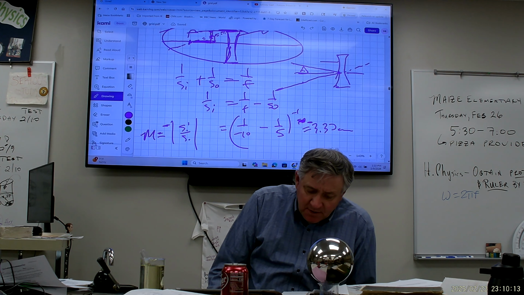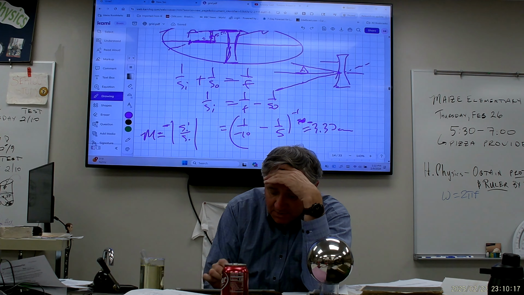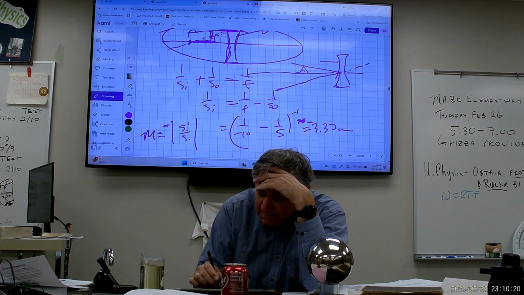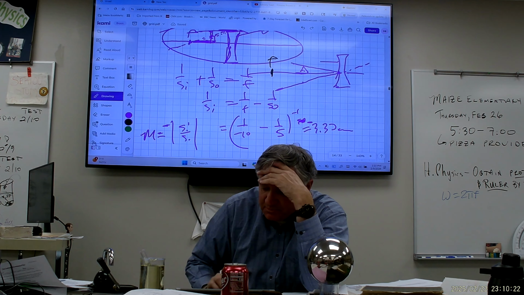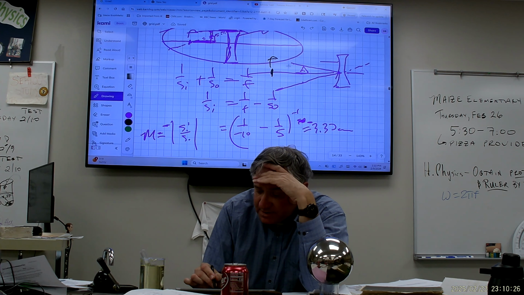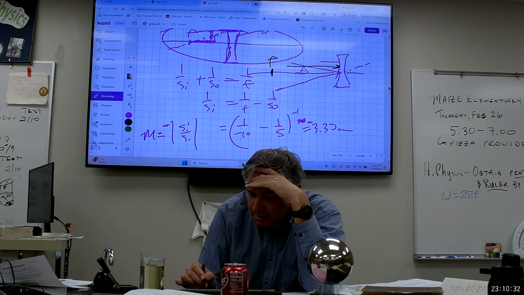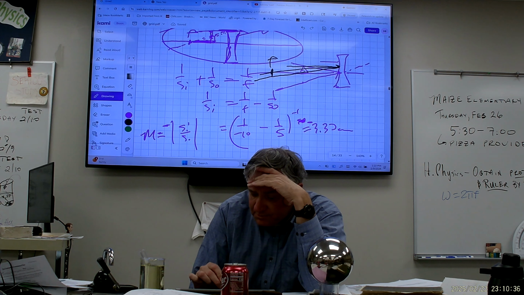Now, let's say for example, on this first one, let's say that focal length is way out here. If that focal length is way out here, here's your second ray diagram. Have it come in here, hit this, then come back and try and go back through that.